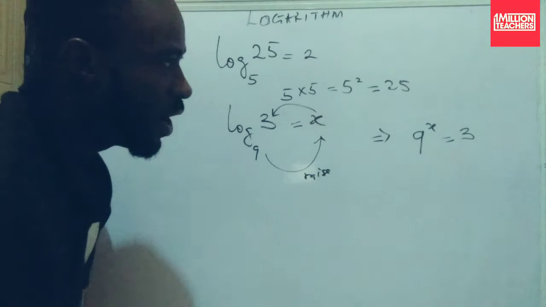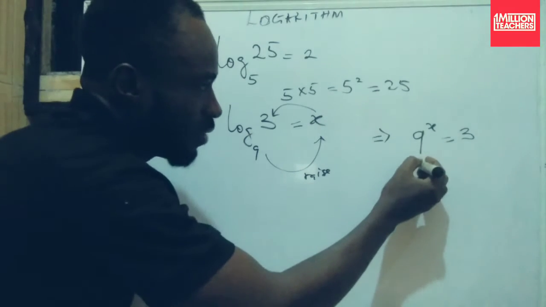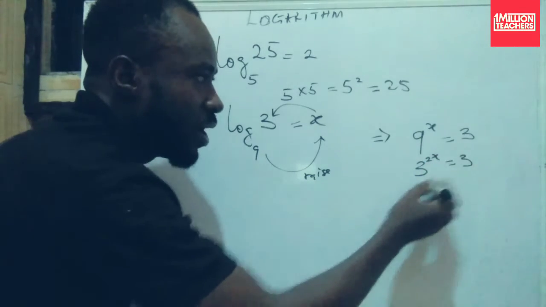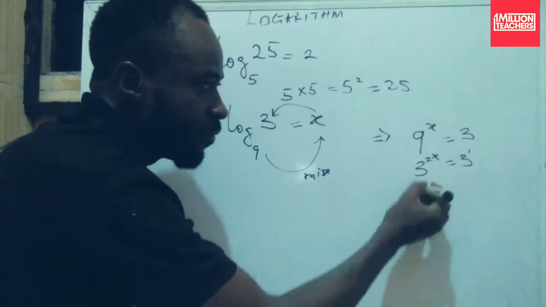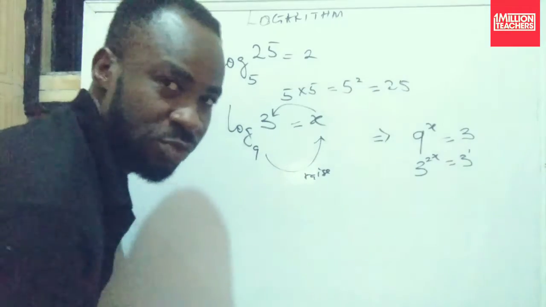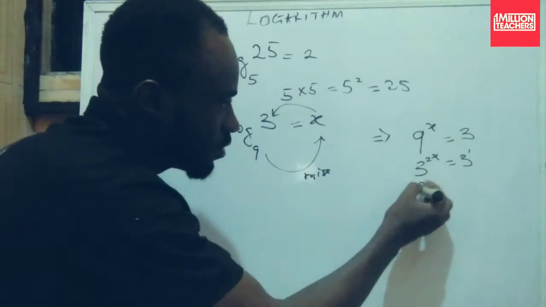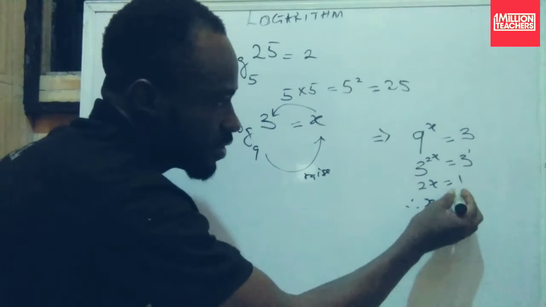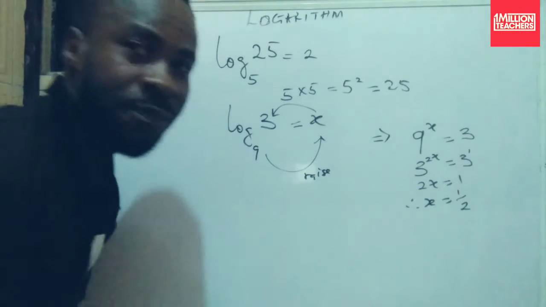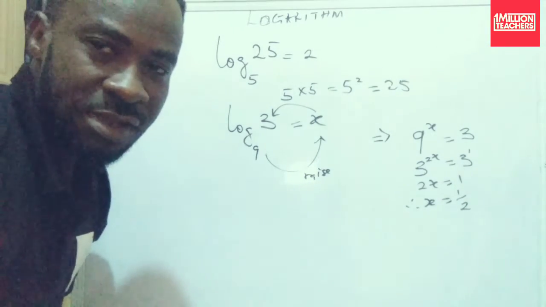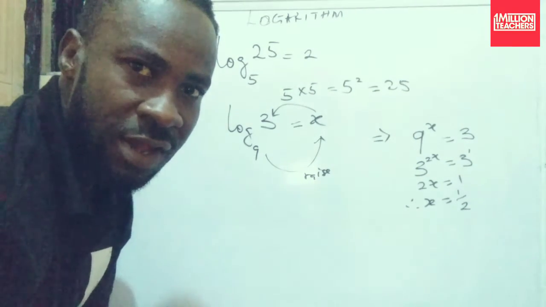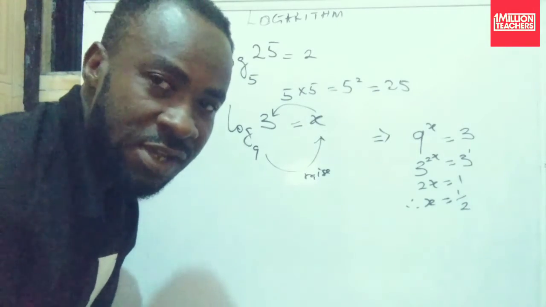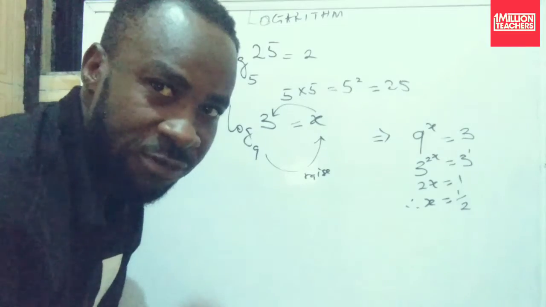Okay, and from here we can now write this 9 as 3 raised to 2x equals 3, and from our knowledge of indices which we did, 2x is given as 1, so therefore x is equal to half.